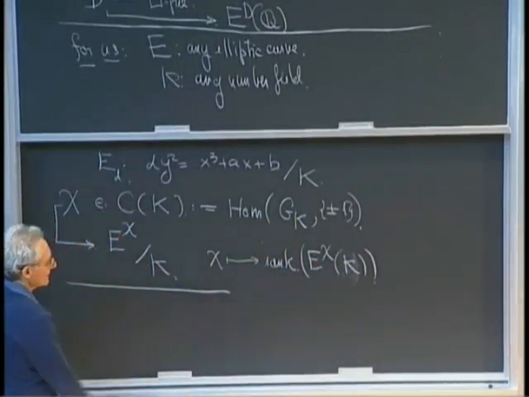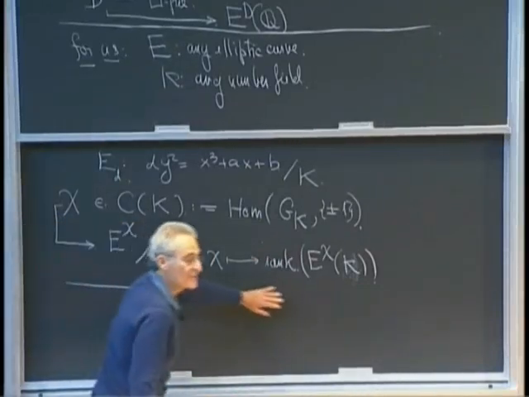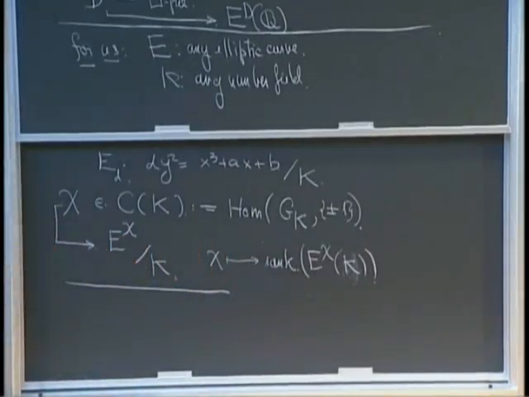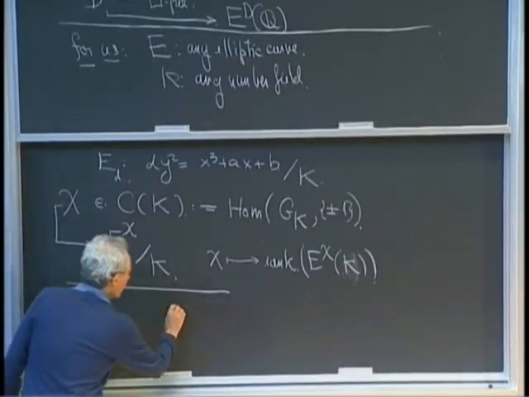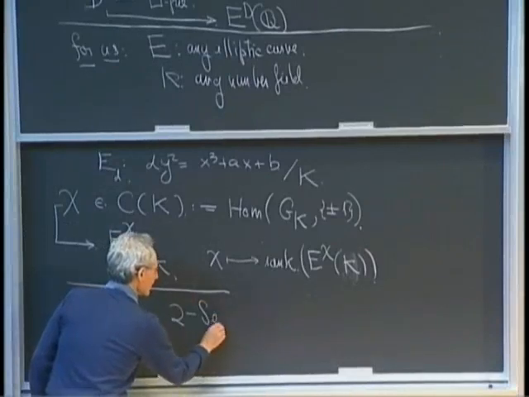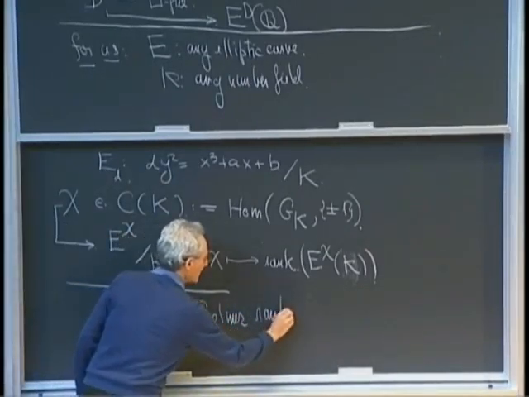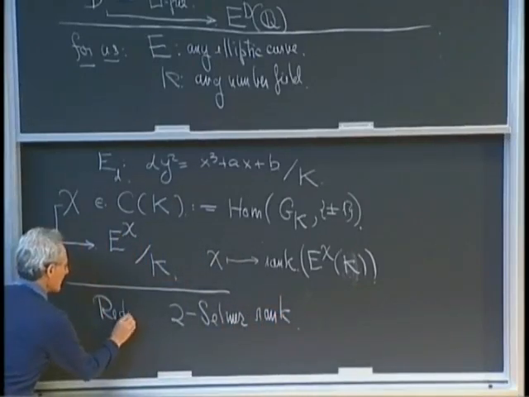But as I think everybody in this room knows, this is somewhat more obstreperous an arithmetic invariant than one can really handle with this type of generality. And so one will retreat to a study of what we'll call the two-Selmer rank. And in fact, what I want to deal with is what I'll call the reduced two-Selmer rank.